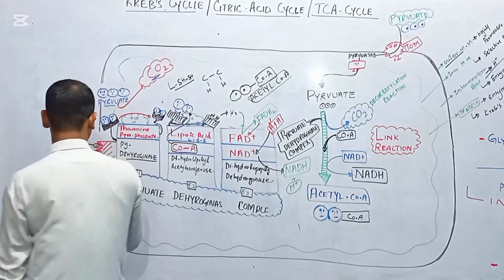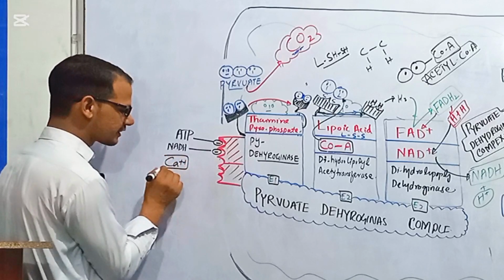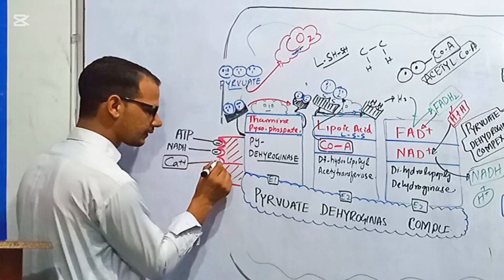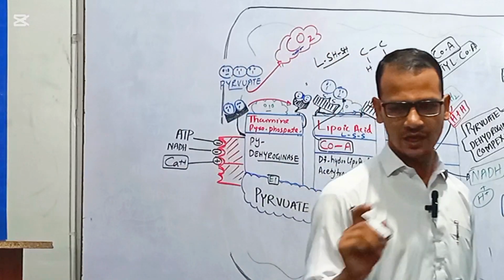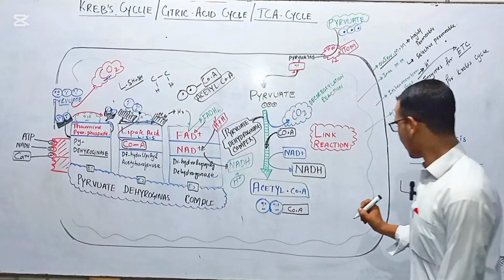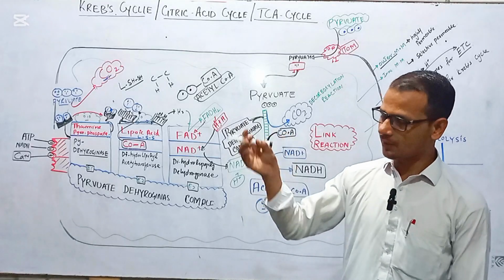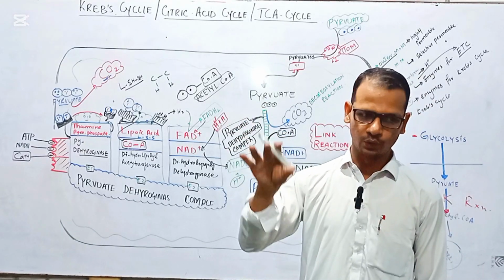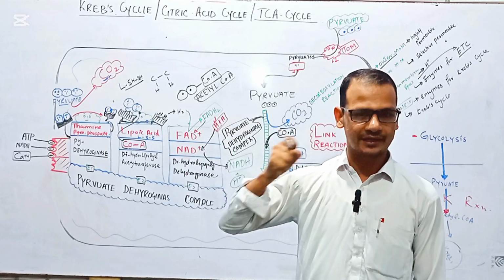The next thing, calcium. Calcium is a positive regulator, because now listen carefully. When we have muscle cells, and a lot of calcium is entering into the muscle cell, the muscles will start contractions.